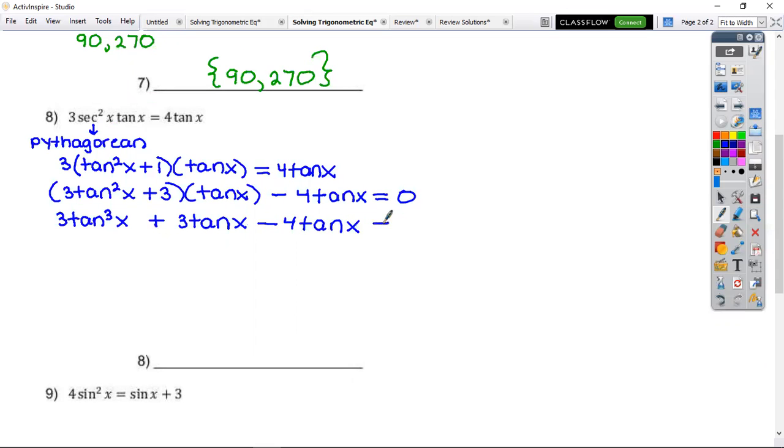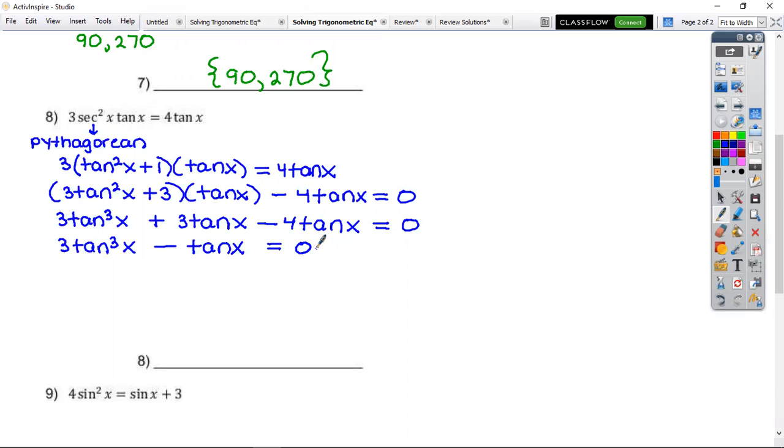Might be the first time you saw a cube come up. Pretty sure it is. So left side, I'm going to just leave that as 3 tan cubed x for the time being. And we have minus tan of x. And then that is equal to 0. Okay. So what can I do next? Well, we can't do quadratic formula because it's not a quadratic.